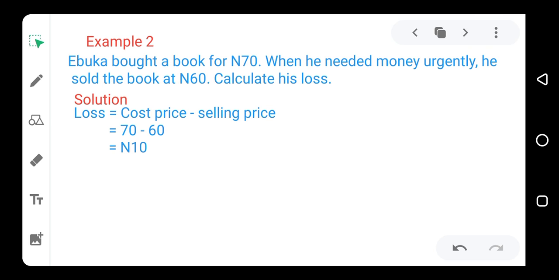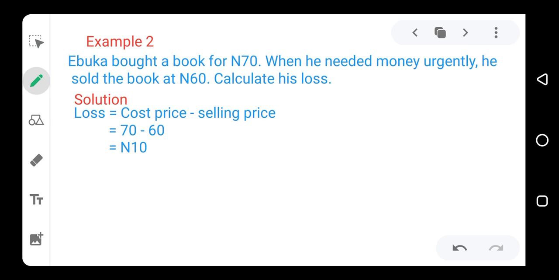Example 2. Ebuka bought a book for 70 naira. When he needed money urgently, he sold the book at 60 naira. Calculate his loss.